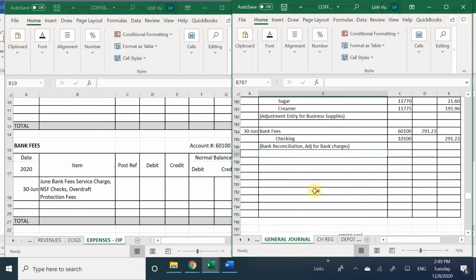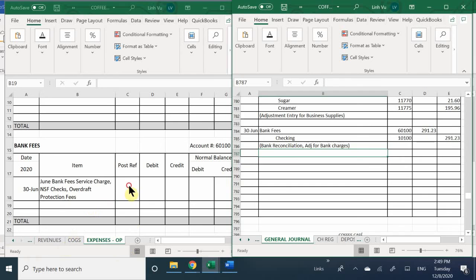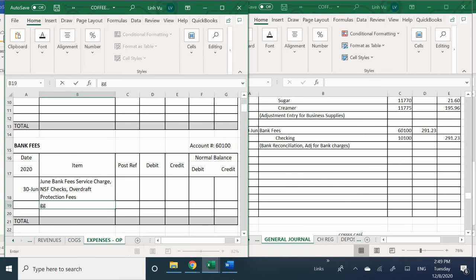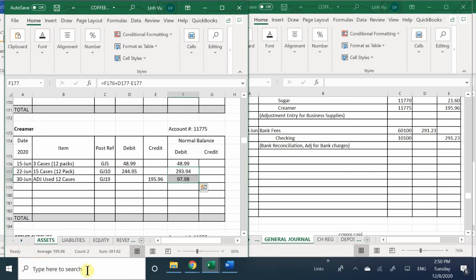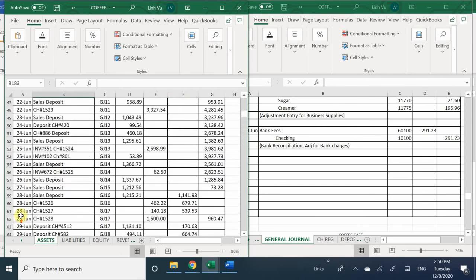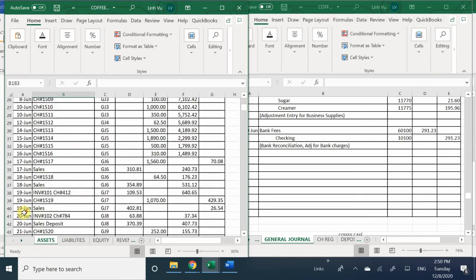All right, we're still on General Journal number 19. For the $291.23. And then lastly, go to your assets all the way at the top, to your checking account.